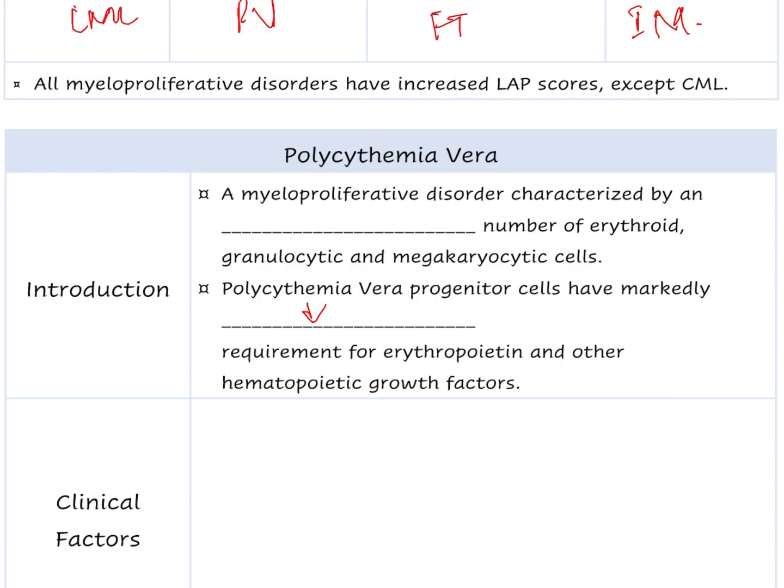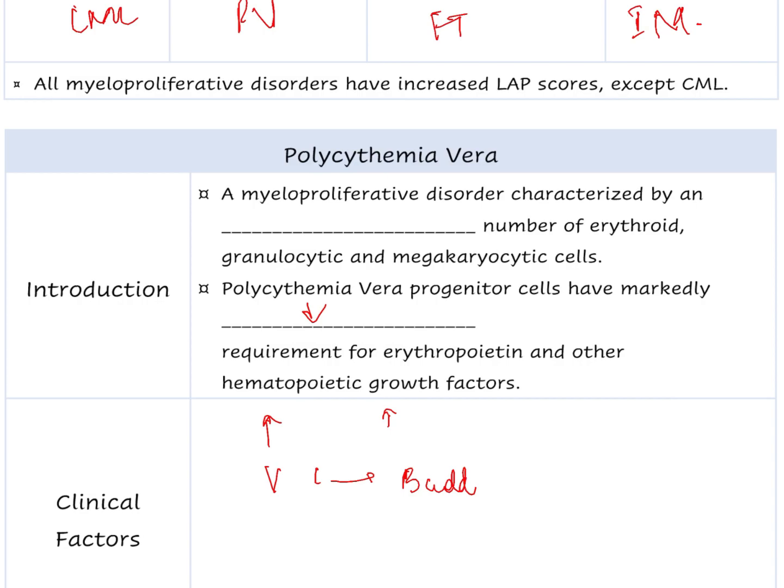Clinical features include increase in the hematocrit and red cell mass, contributing to sluggish blood flow and even increased chances of thrombosis. We've already seen this. These manifest in the form of dusky cyanosis, visual disturbances, headache, venous thrombosis, which causes Budd-Chiari syndrome, which is due to hepatic vein thrombosis, bowel infarction, stroke.